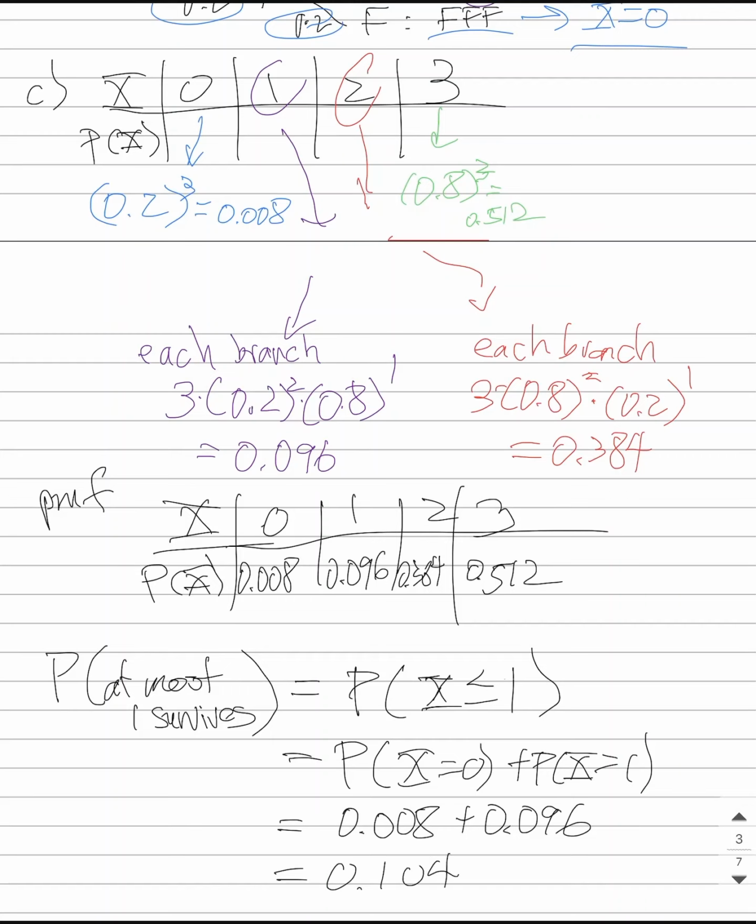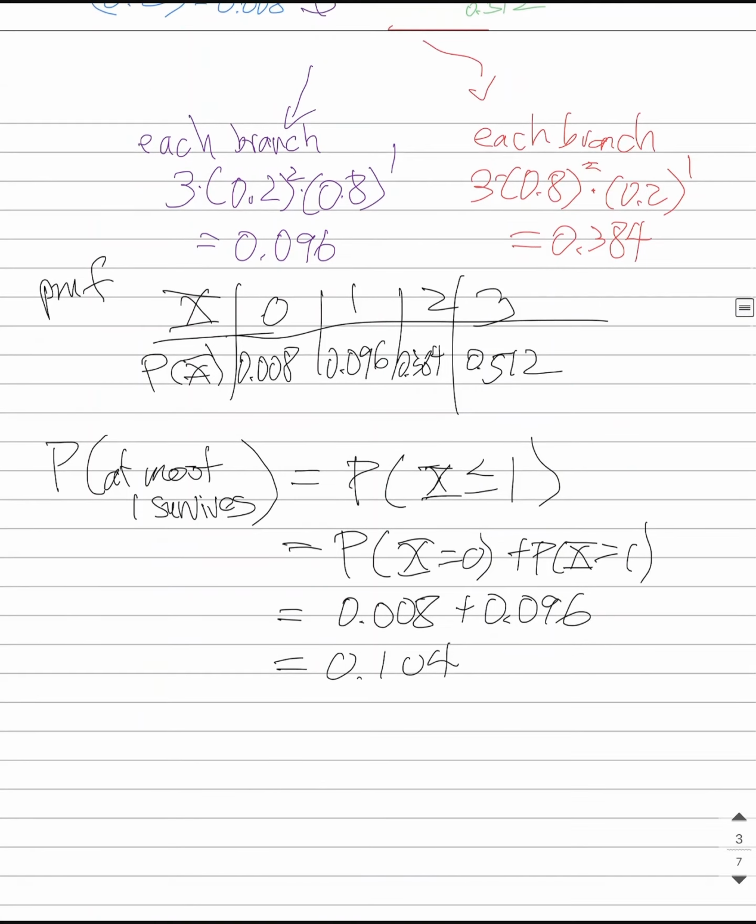So it's pretty straightforward in that sense. Similarly, if you wanted to do something like find the probability that at least one person survives, this is a statement kind of like this: x is greater than or equal to 1.